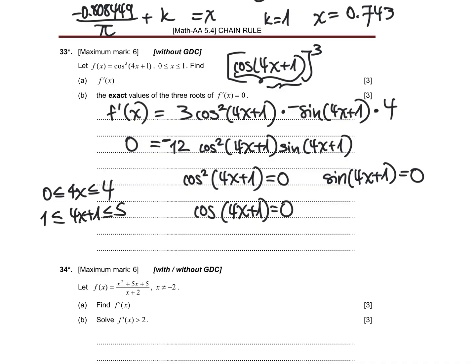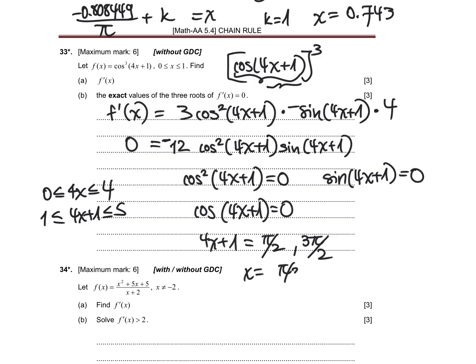So now we can do 4x plus 1, cosine is 0 at pi over 2, and 3 pi over 2, and yeah, that's still in the domain, since 3 pi over 2 is almost 5, so those are those two answers. So we will subtract 1 and divide by 4.